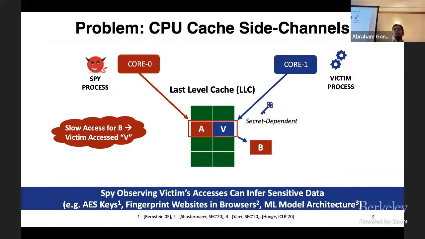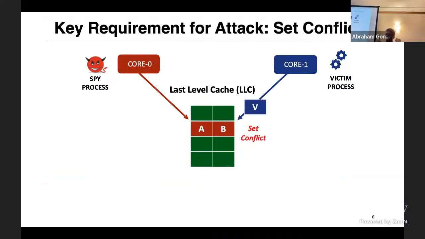With this, there have been several attacks that have shown a spy process can learn sensitive keys. It can fingerprint websites that are being browsed by a victim process. And it can also learn important details about maybe an ML model that the victim is computing on. So this is a very fine-grained source of information leakage through the cache. And the root cause or the key requirement for this kind of information leakage is the incidence of set conflicts, right?